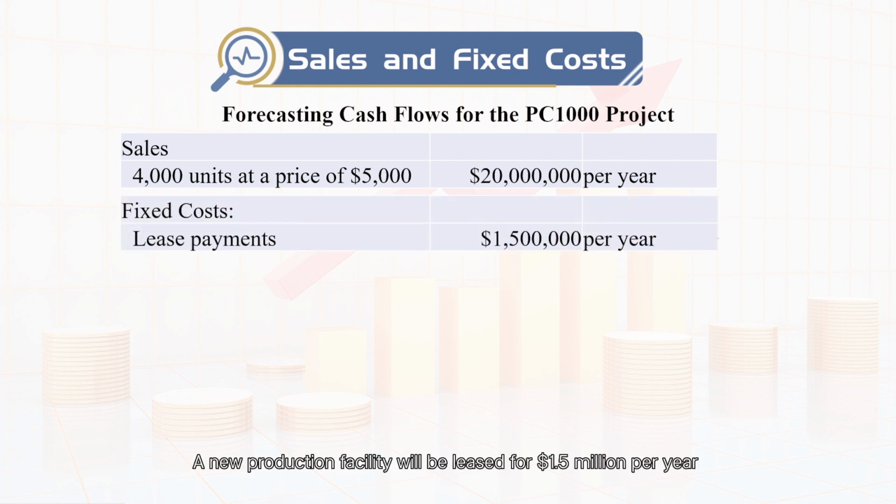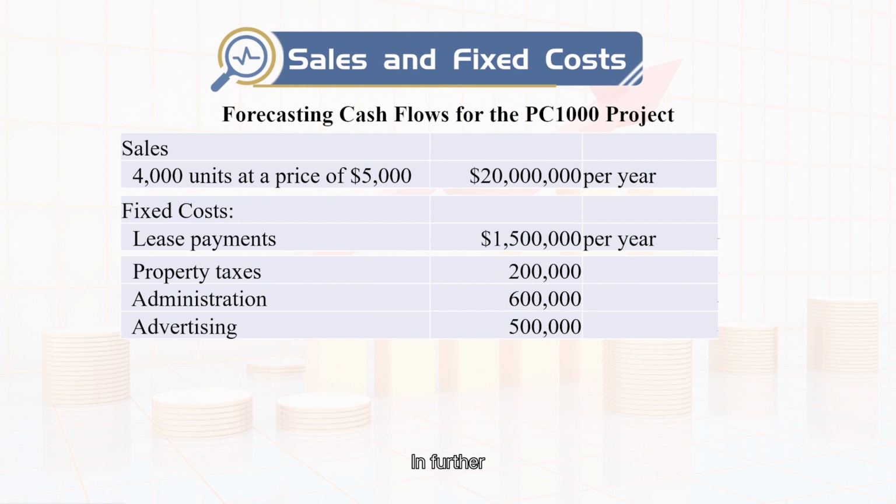A new product facility will be leased for $1.5 million per year, so the lease payments in the fixed costs will be $1.5 million per year. Further, it is assumed that the property taxes will be $200,000 per year.